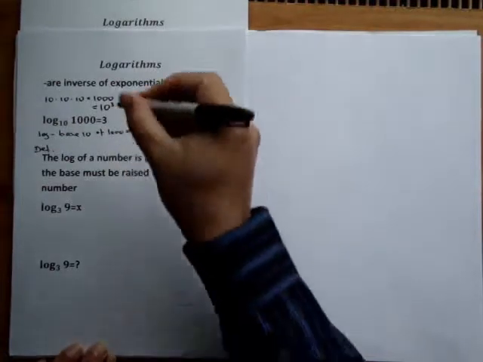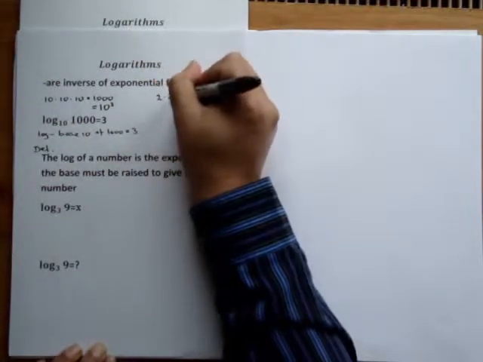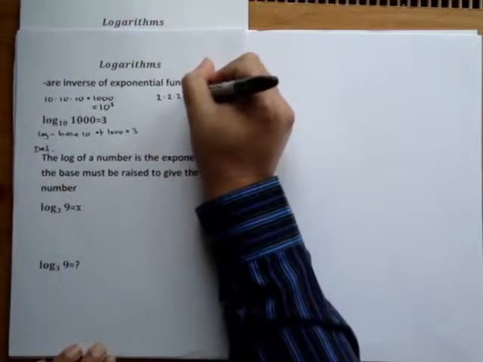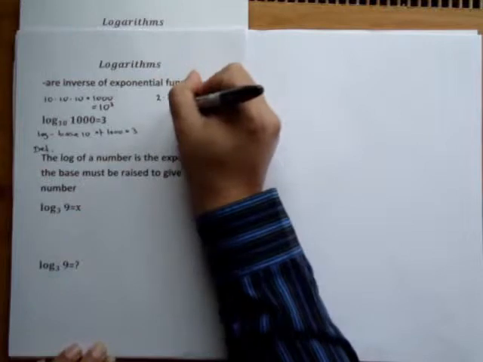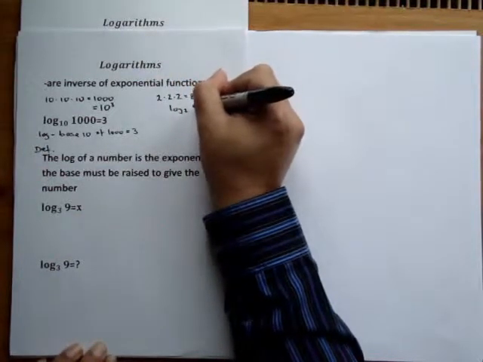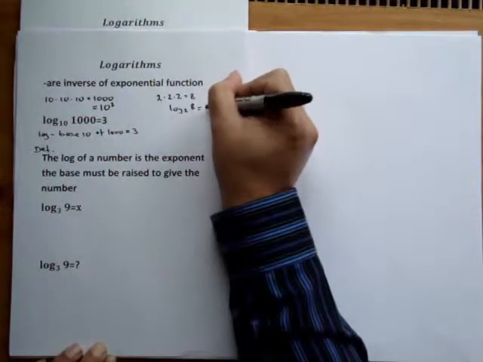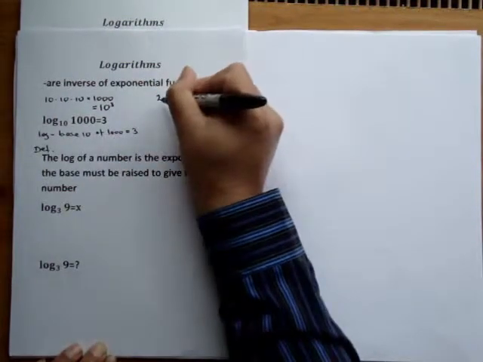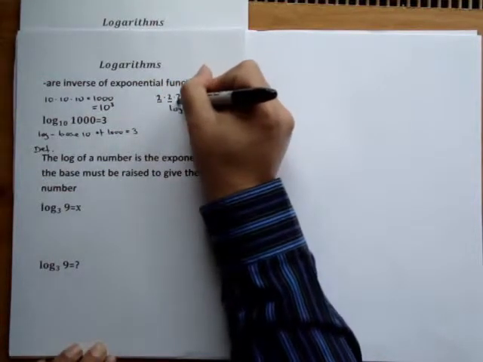Let's have a look at another example. So if we had 2 times 2 times 2, that equals 8. So the log base 2 of 8 is equal to 3, because there are 3 lots of 2 there. 1, 2, 3.